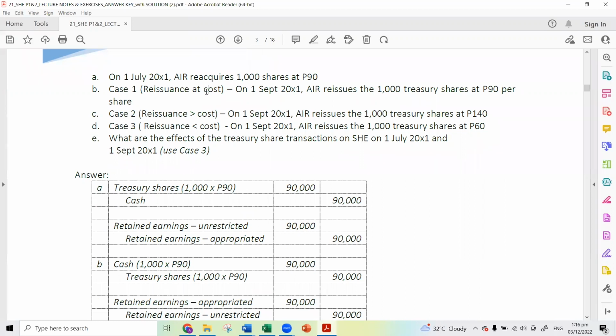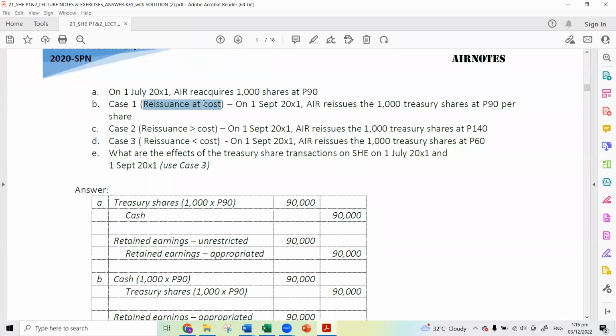So case 1, sabi niya, reissuance. Ito yung acquisition. Ito yung ngayon reissuance. So ito, reissuance at what? At cost. No? Then case 2, reissuance at above cost. Then, case 3, this is reissuance at below cost. Okay? So, isa-isahin natin.